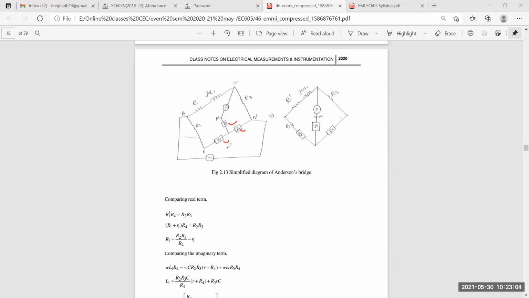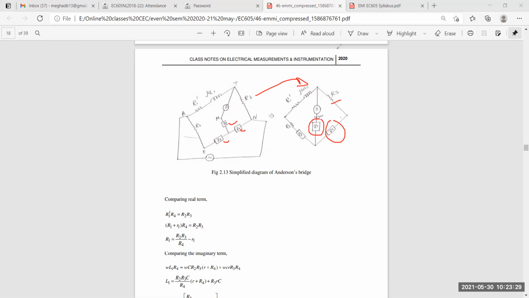Now, in this process, after equating with Z5, Z6, Z7, they have taken the more simplified diagram, this one, where R1 is connected with the unknown inductance R2. If we take the Z7 at this part, Z7 here, and Z5 is right here, and Z6 is right here, and here is the R3. So this is the more simplified diagram we can obtain.